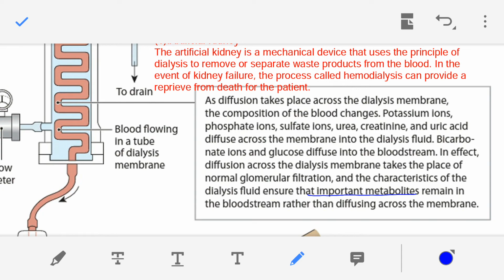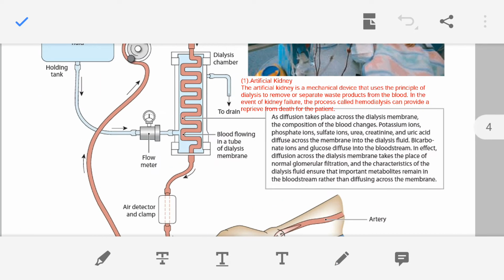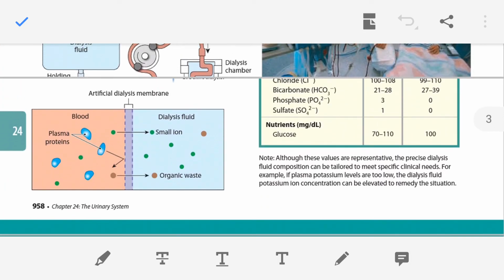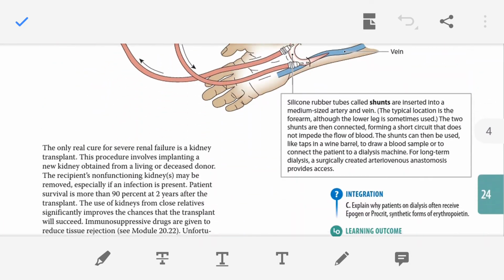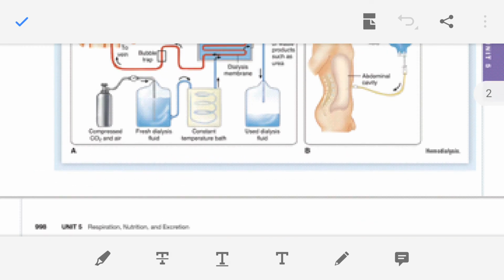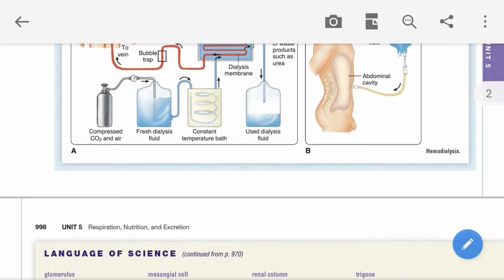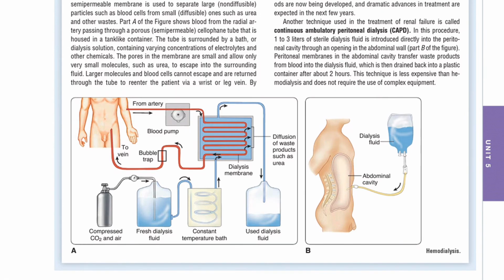While the dialysis is performed, the metabolites are not going to come out from the patient's blood; they are going to remain in the patient's blood. That thing is also taken care of. With this we have completed all the discussion of the theory points.